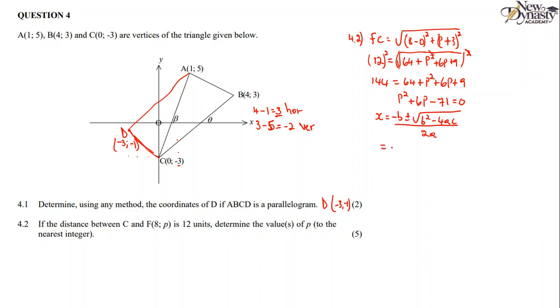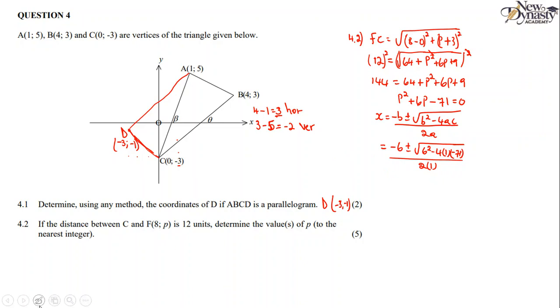That is going to be negative 6 plus minus 6 squared minus 4 times 1. Then our c is negative 71, all divided by 2 times 1. Well, a is 1.